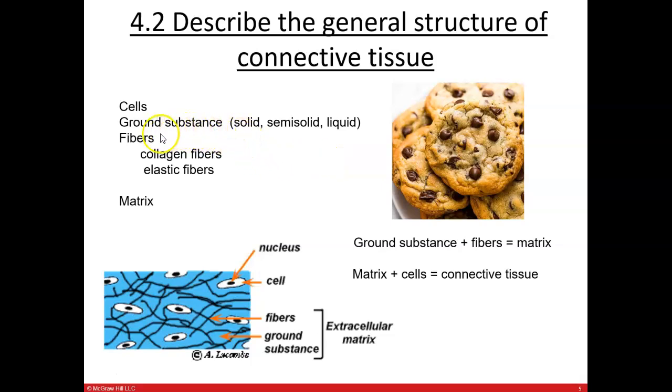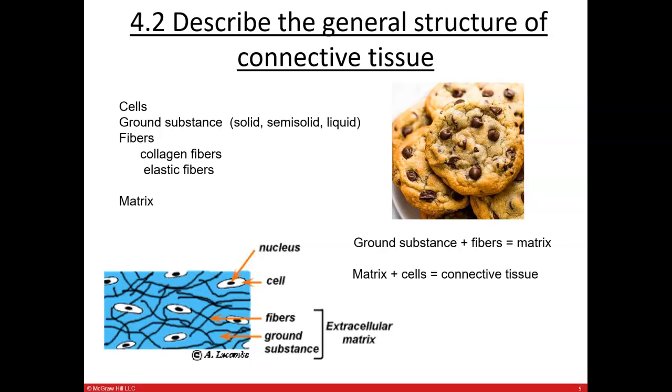Most of the connective tissues, not all, but most of them also have fibers. And these are going to be relatively long proteins that give the ground substance some strength or flexibility or some of the characteristics of that ground substance. So there's lots of fibers. And I think we already talked about collagen. Collagen was the most abundant protein in the body.